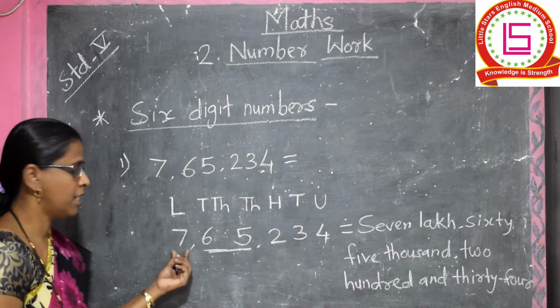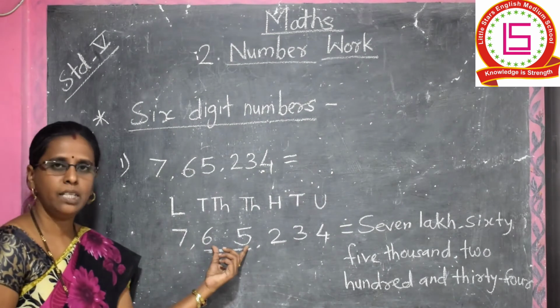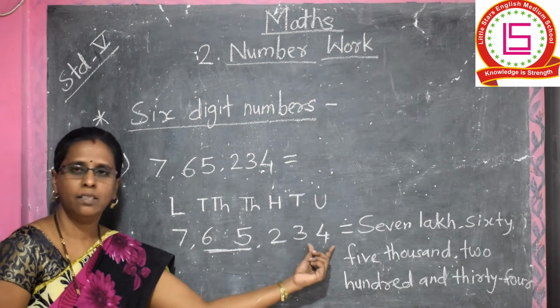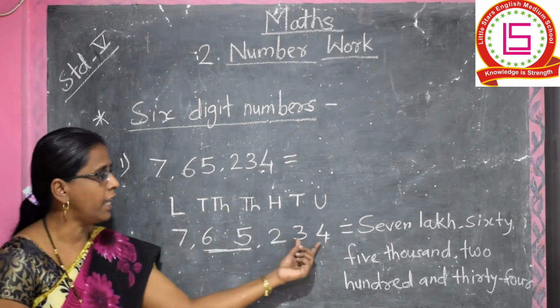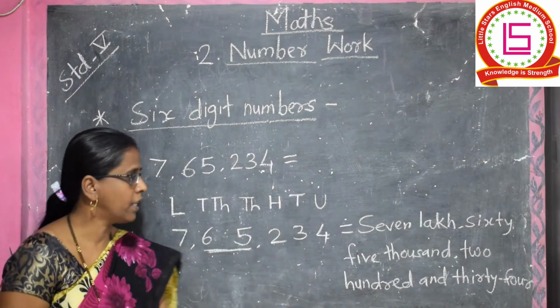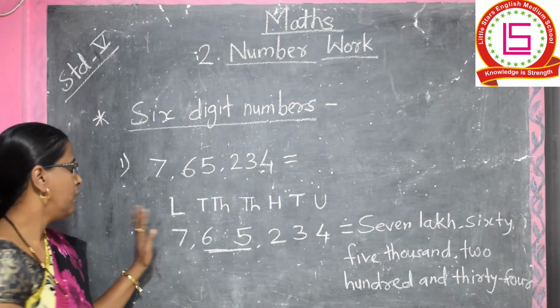See here, first read this digit, then these two digits, and after that this one. 7,65,234. Understood this? We take a second example.